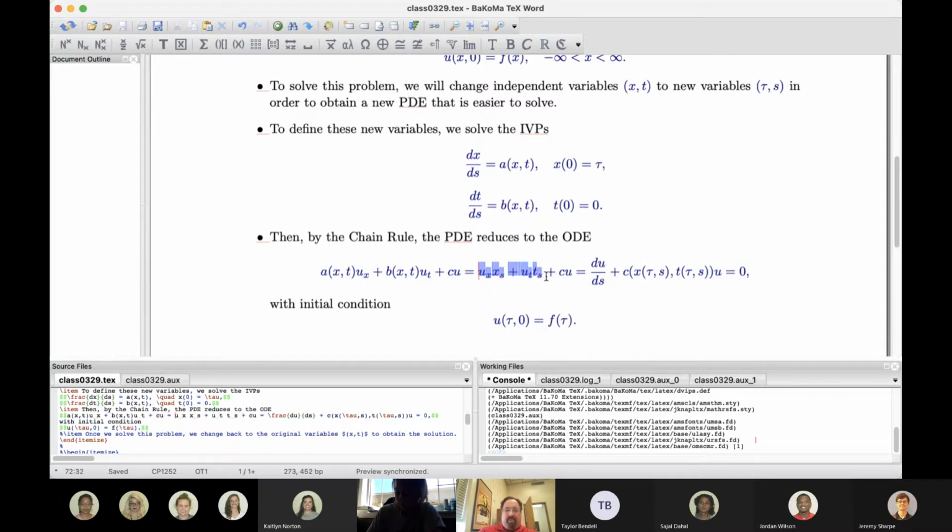By the multivariable chain rule, this whole expression here is du/ds. So now the PDE is reduced to this, du/ds plus cu is equal to 0. Well, this is an ODE for u in terms of the single variable s.